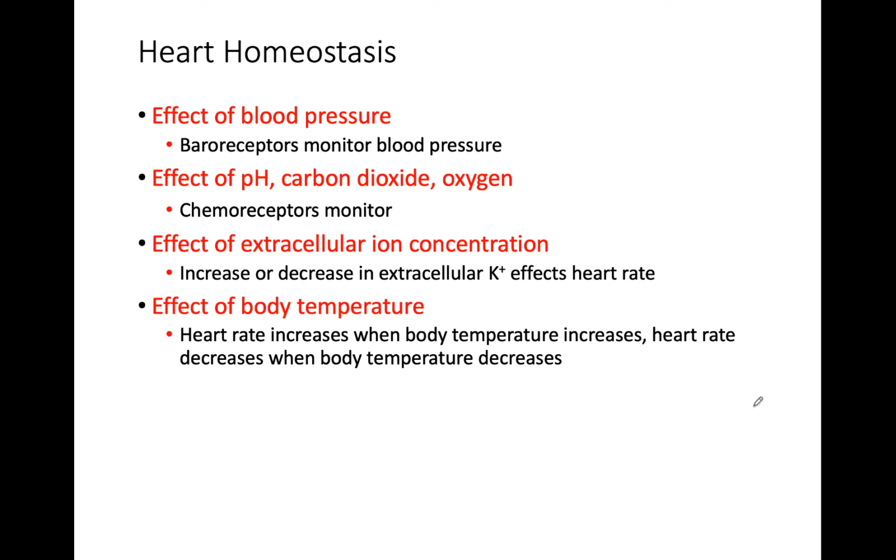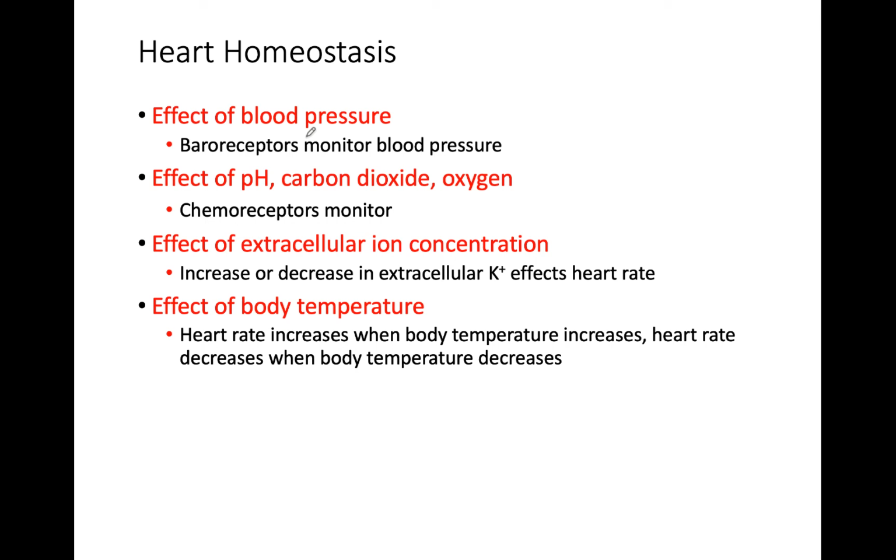And then, of course, we have other external factors that can affect the entire cardiovascular system. And we're going to look at these four now. These are actually pretty interesting. The effect of blood pressure. Inside your heart, as well as inside your arteries, you have baroreceptors, and baroreceptors are receptors that monitor your blood pressure.